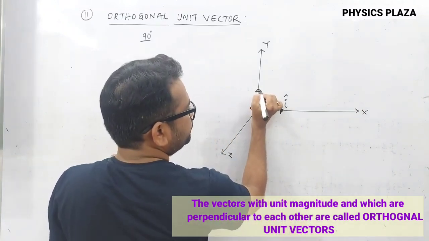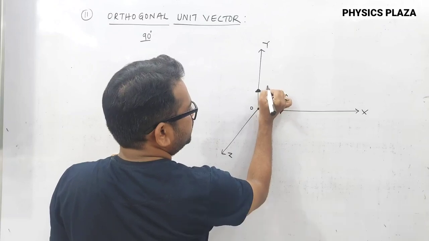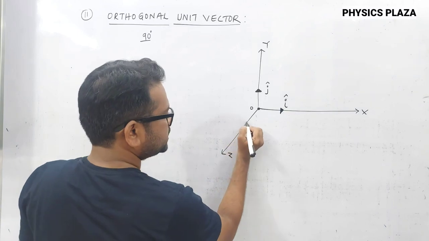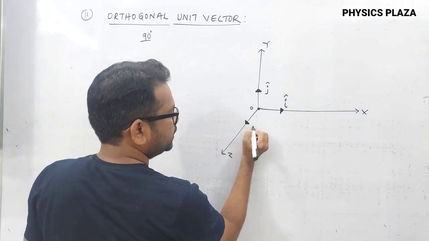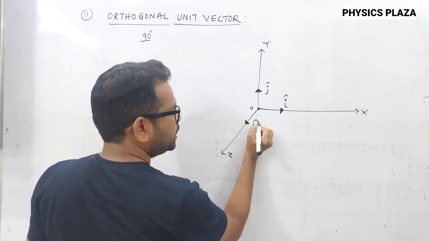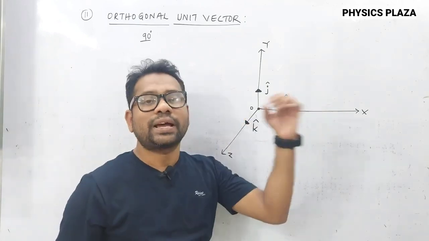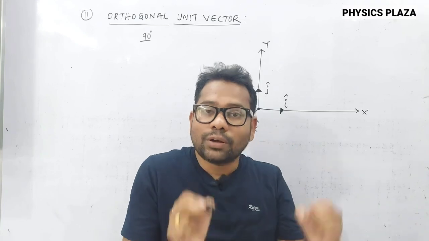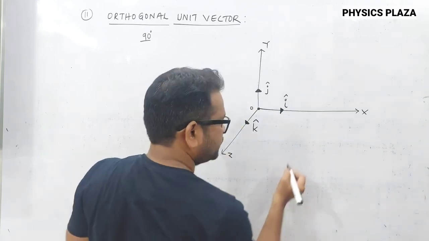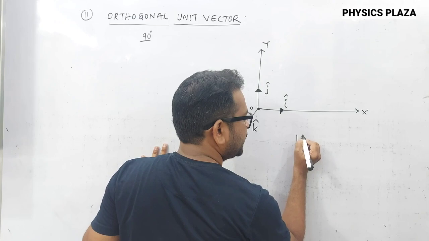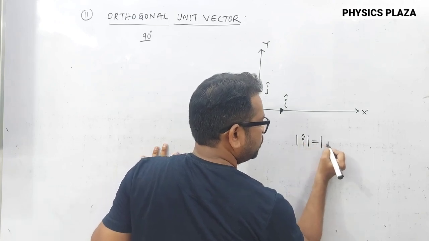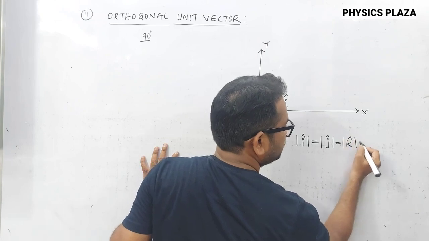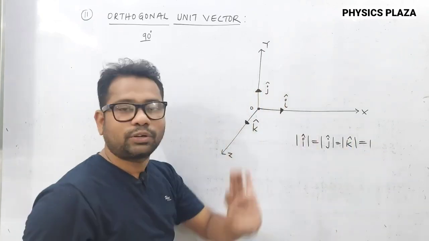It's very, very important: j cap is a unit vector along the y-axis, whereas k cap is a unit vector along the z-axis. As I am saying unit vector, which means what children? Their magnitudes are equal to 1. I can write: the magnitude of i cap is equal to the magnitude of j cap is equal to the magnitude of k cap is equal to 1.